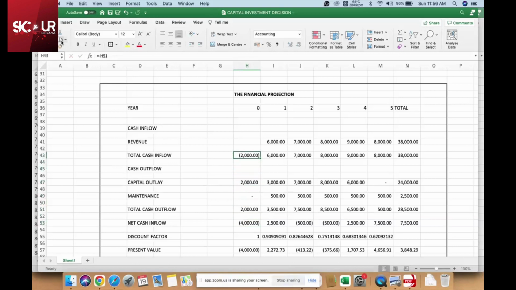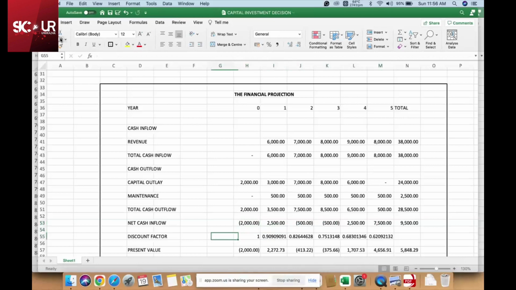So the net cash inflow is total cash inflow minus total cash outflow. Okay, we do the same and just copy through.